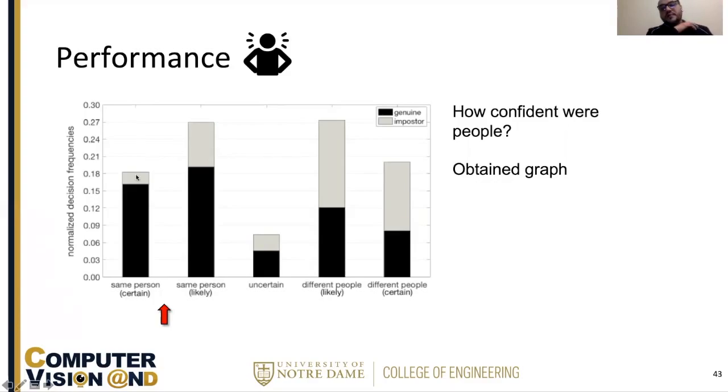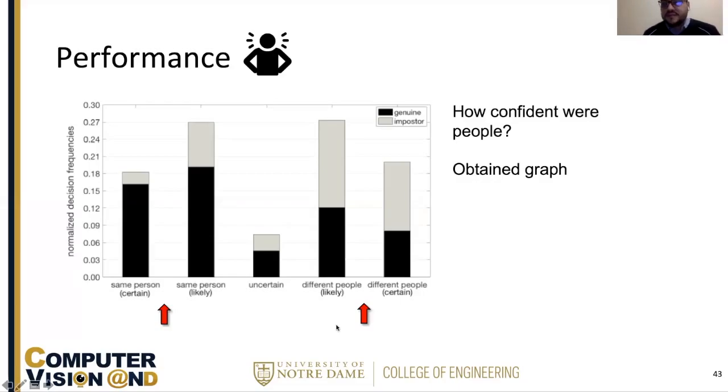People were deciding, for example here in gray, that they were seeing the same eye, even though those pictures were not the same eye. This happened mostly for the case of twins. They were certain that the pictures of irises coming from twins were of the same eye, but they were not. Conversely, on the other side, you see a lot of black regions that shouldn't be here.